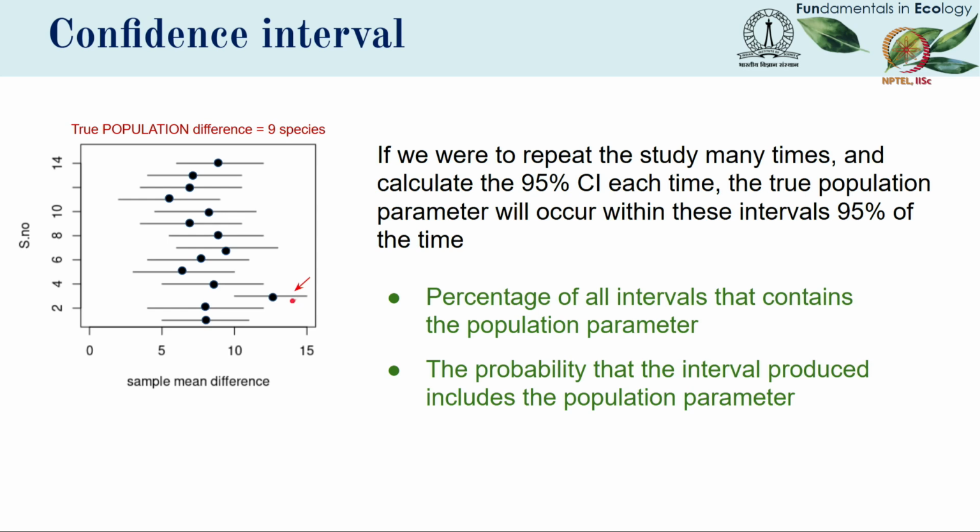Remember, in any one iteration, the interval either holds the population parameter, like in these cases, or not. Here the population parameter does not fall in it. So, in any one iteration, the population parameter is either located in that interval as in these cases or not as in this case.